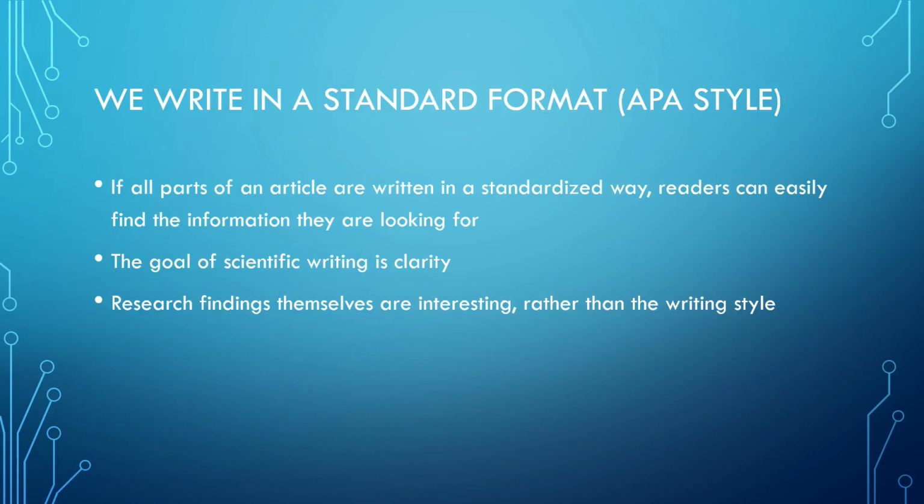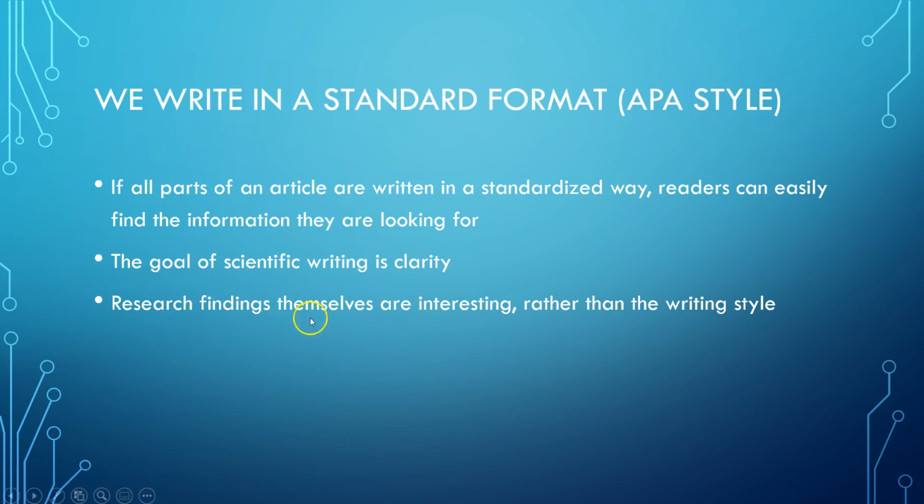So we write in a very standard format, and that helps us as readers easily identify the information we're looking for. And the goal of scientific writing is to be very clear. And so if we write in a very standard structured form, it's easier for people to understand and find what they're looking for.